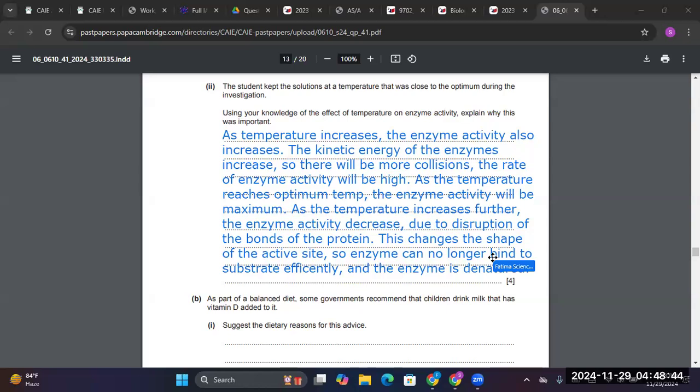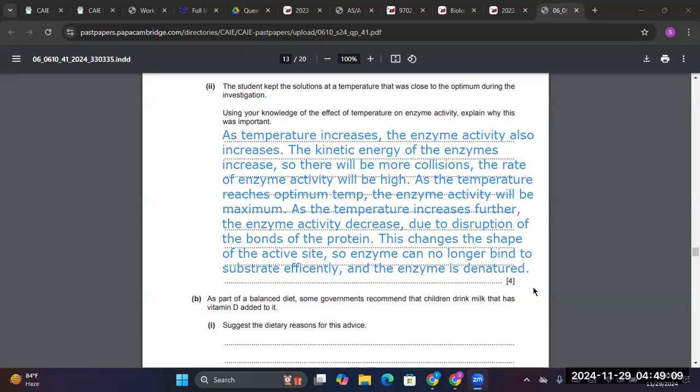Why? Because now the temperature is too high. It will disrupt the bonds of the protein, and as a result it will change the shape of the active site, so the enzyme can no longer bind to the substrate efficiently. So now the enzyme is going to be denatured.